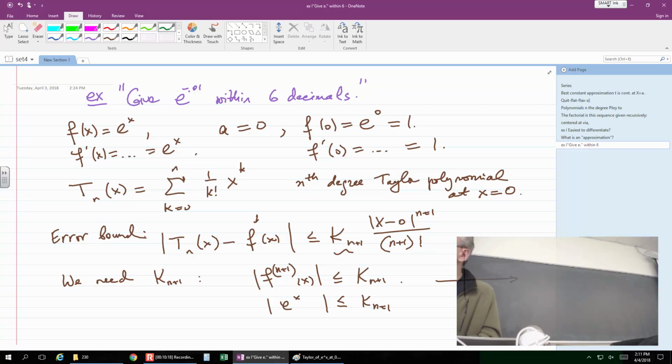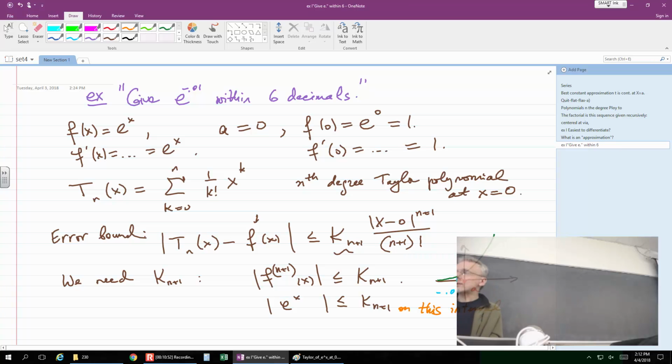So once again, this is my exponential function. We're looking at 0, which is my a. So this is my x, which is negative 0.01. In other words, we have to concentrate on this interval.